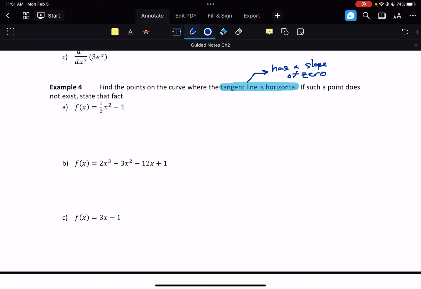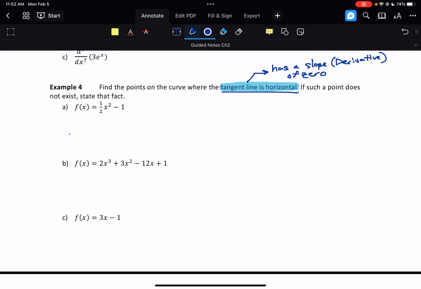Right? That's what it means to be horizontal. It means to have a slope of 0. But another word for slope is derivative. So really what this question is doing is it's saying find any points on these curves where the derivative is 0. Okay, so instead of saying tangent line is horizontal, we're saying where the derivative is 0.